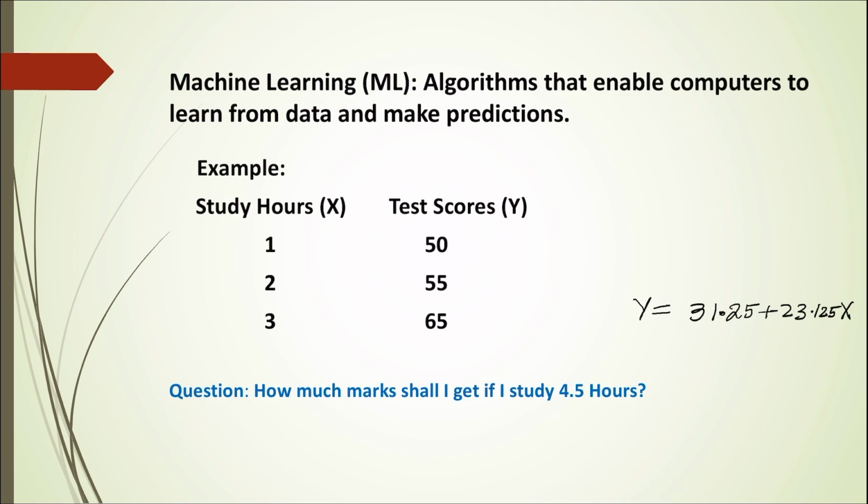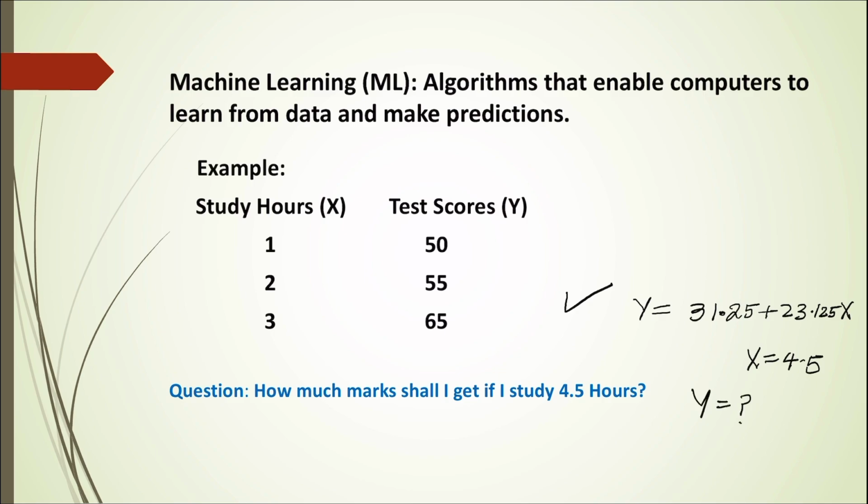Once we train the model on this data, it simply means that we have found the relationship between the variables y and x. So we can use this relationship to answer the question: if I study 4.5 hours, then what would be my marks?